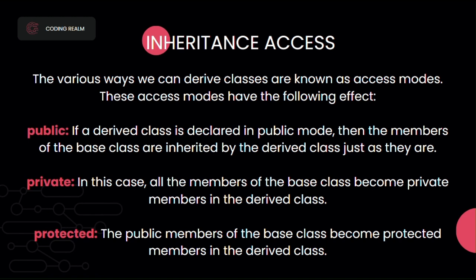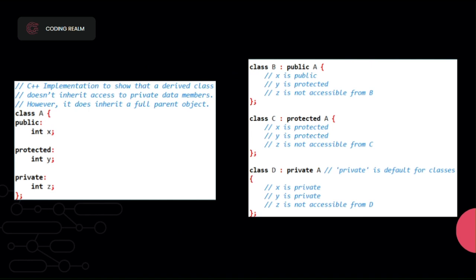Now we need to see an example about public, private, and protected. Here we have a C++ implementation to show that a derived class doesn't inherit access to private data members. It does inherit a full parent object.